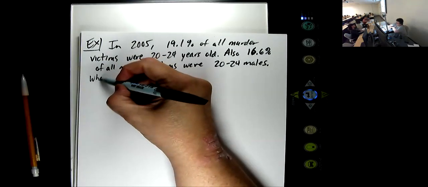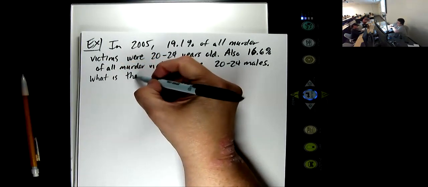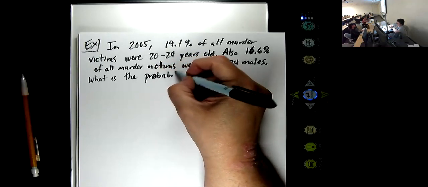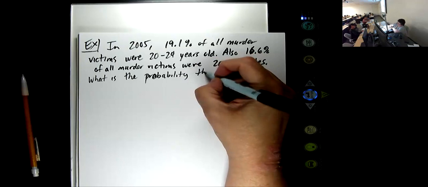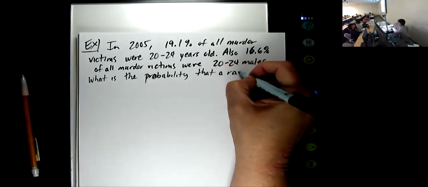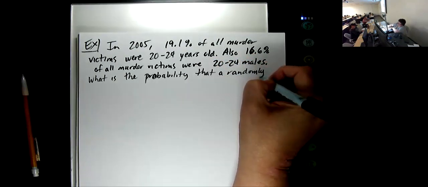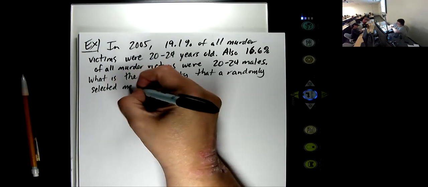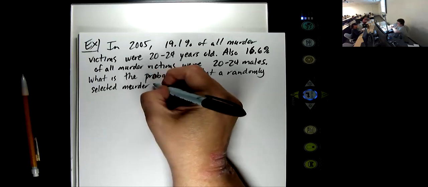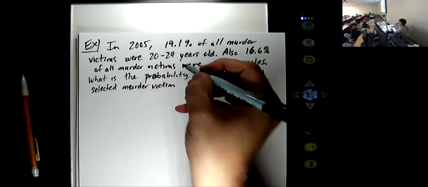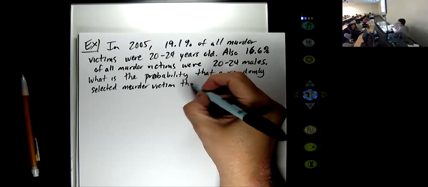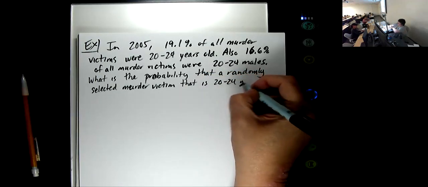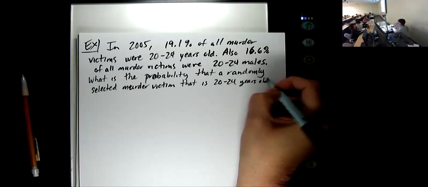What is the probability that a randomly selected murder victim that is 20 to 24 years old ends up being a male? This sounds dark in my head every time I say it.